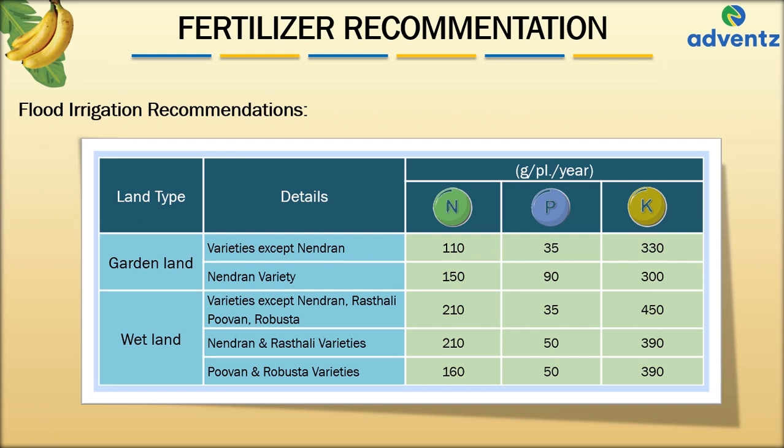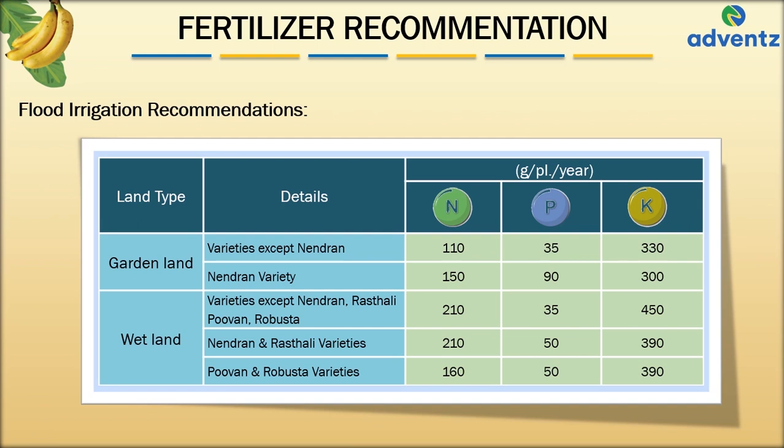For the Nendran variety growing in the garden land, the nitrogen requirement is 150 grams per plant, phosphorus is 90 grams per plant, and potassium is 300 grams per plant. These requirements are all on annual basis, that is per year basis.